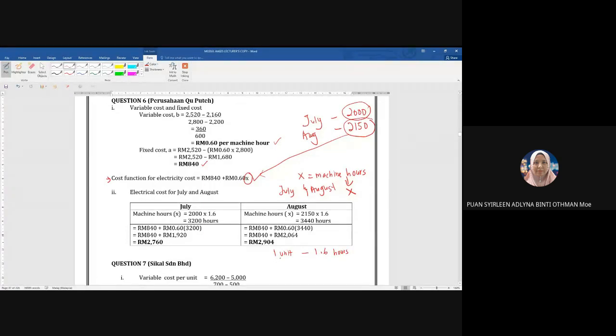Maknanya kalau saya siapkan 2000 unit barang, my machine hours ialah 1.6 times 2000. Ini untuk Julai.